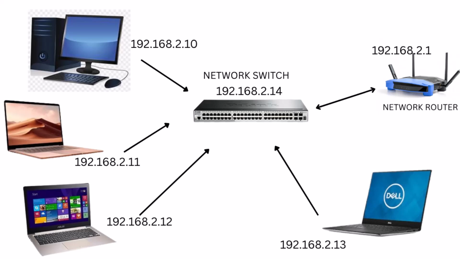A computer on a private network is connected to a local network that is not directly accessible from the public internet. This setup allows the computer to communicate with other devices on the same private network, while keeping its IP address hidden from external or public access. Key features of a private network: the device uses a private IP address, which is not routable on the public internet.